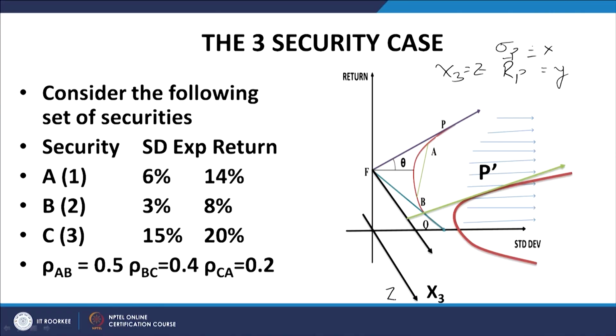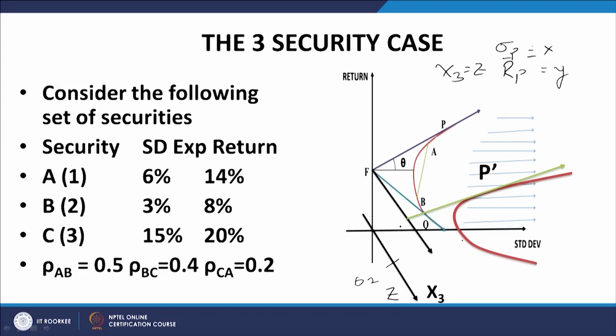What does it mean? It means that suppose this is my z axis, this is x axis, this is y axis, this is the x 3 axis, that is z axis. That means for any value of z, let us say I pick out a value, say this is 0.2, and then I plot the risk return of the combination.